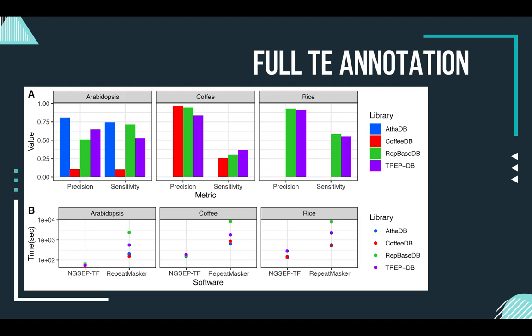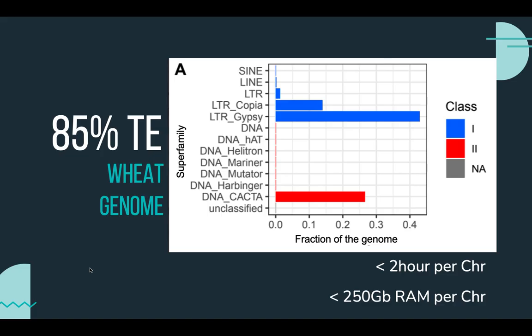So finally, we wanted to know what happened with a complex genome, such as the hexaploid wheat genome. This genome is important for us because it has 85% transposable elements. So it traditionally requires a month to annotate the whole genome, representing a bottleneck in the process of annotation and subsequent analysis.